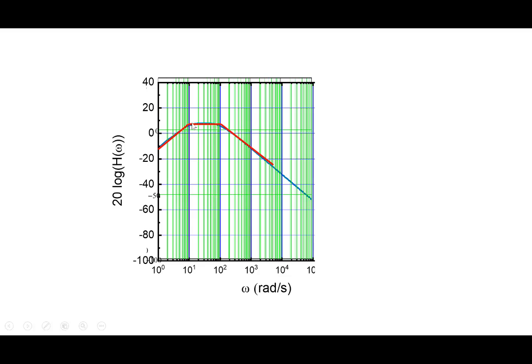So we would call something like this a band pass filter. It is passing a band of frequencies in the middle. It rejects lower frequencies, rejects higher frequencies, but there is a band between lower and higher which it passes with relative ease.